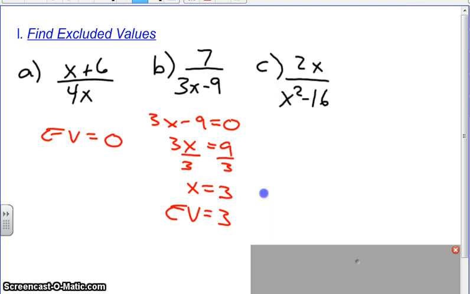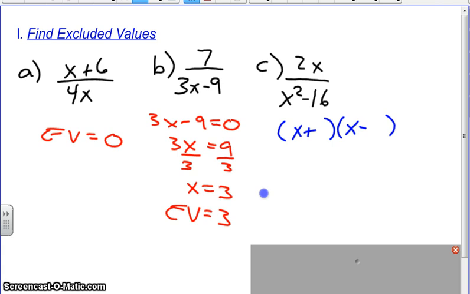Do you recognize a pattern in this one here? This is the difference of two perfect squares. So it gives us what pattern, do you remember? Sum and difference. Good, sum and difference pattern. So we end up with x plus or minus what number?